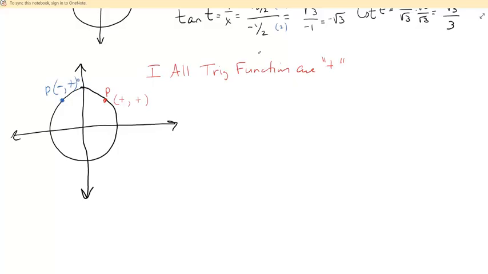If sine is positive, that means cosecant has to be positive because it's the reciprocal. Cosine, though, is the x. That's negative. Tangent is y over x. One of them's negative. That's going to be negative. In fact, the only trig functions that are going to be positive in quadrant 2 are sine, and of course, its reciprocal cosecant.